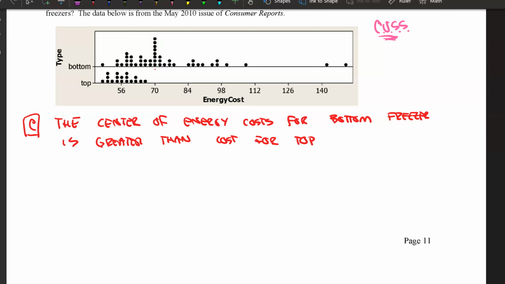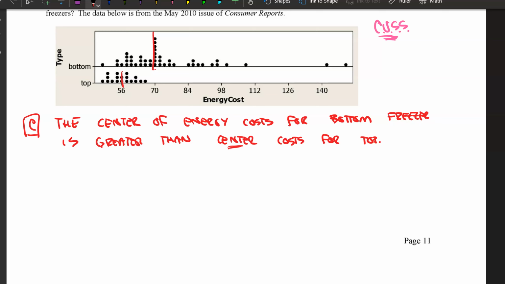And it's okay, you don't have to write everything out, you can shorten things up a little bit, but just make sure you get some of those keywords in there. Center, for example, is a keyword.